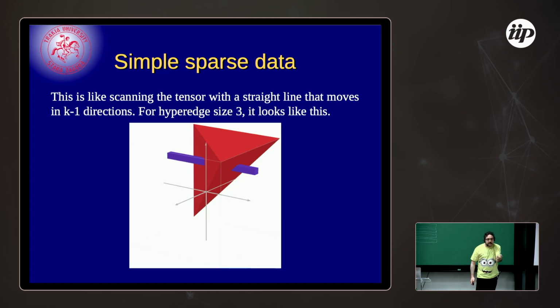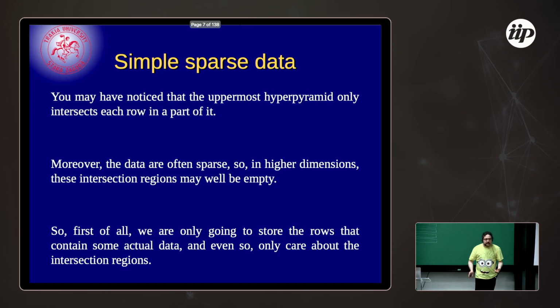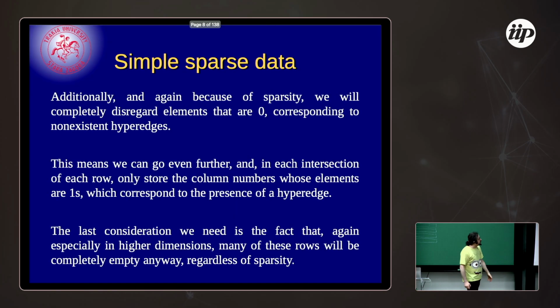So this way we are reducing more and more the amount of stuff that we need to actually store. Again, if we have any elements that are necessarily zero for some reason, or because they don't exist, we can simply avoid storing them, which is another point here.